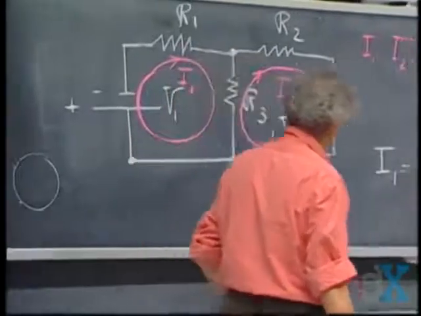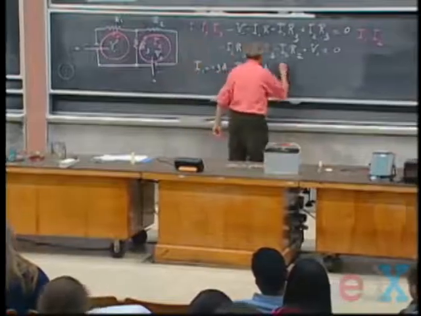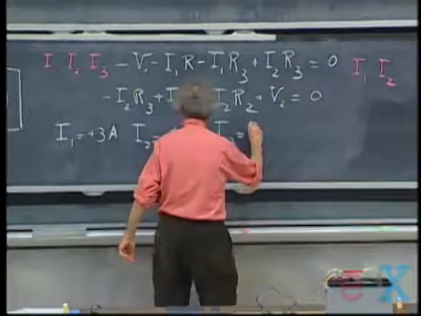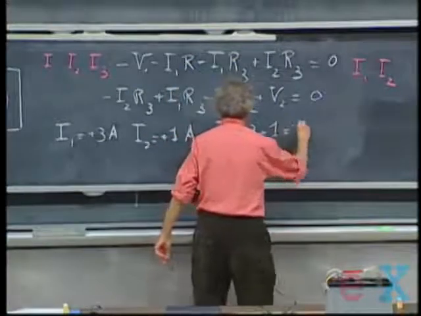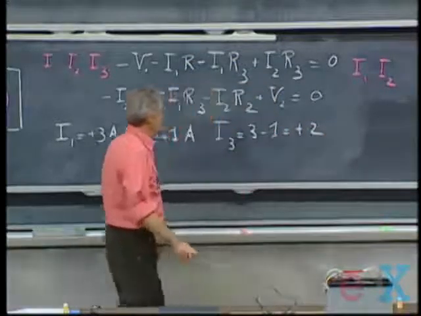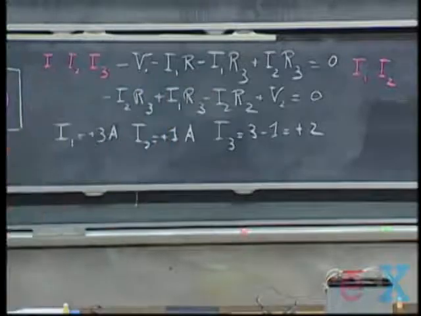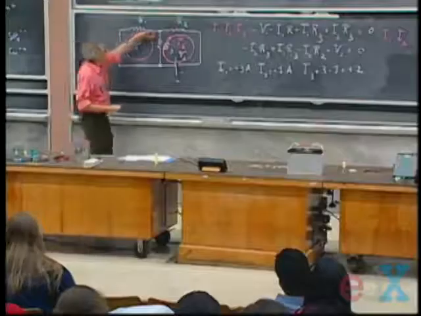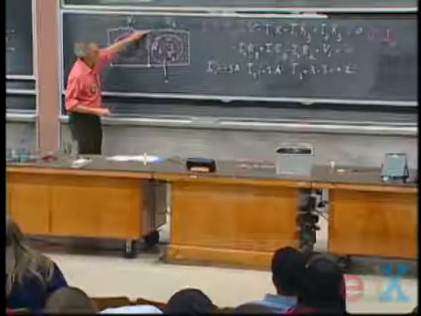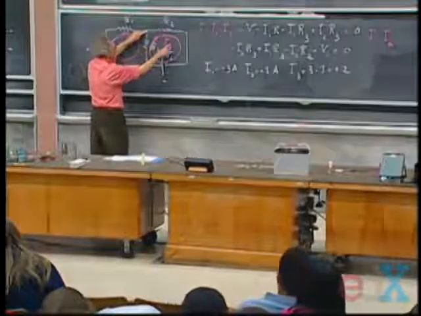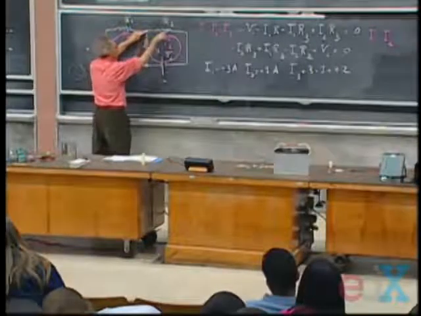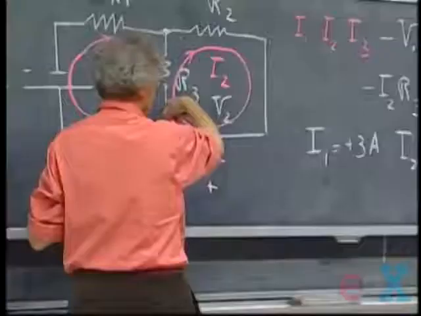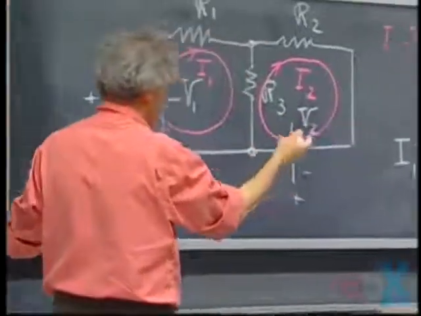Well, it's clear then that I3 is 3 minus 1, is plus 2. Another way of looking at it is 3 amperes come in at this juncture. I2 is 1 ampere, so 1 ampere goes through, so 2 must go down. That's really Kirchhoff's second rule.